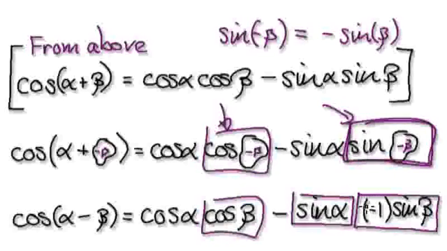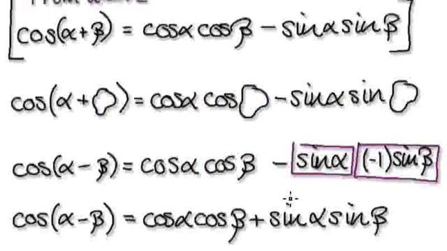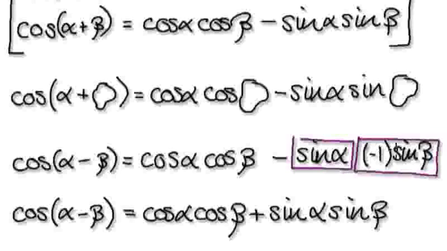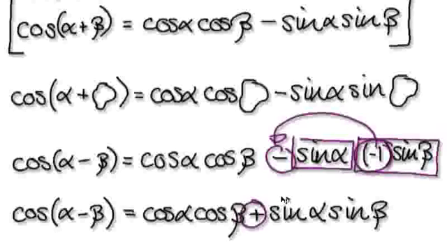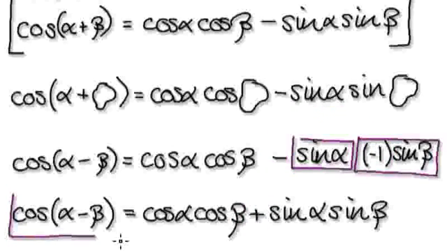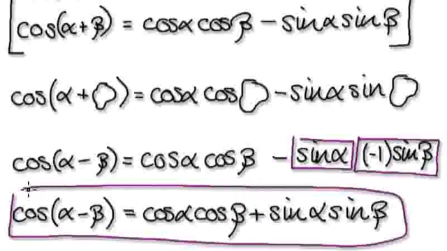So visualize this as a minus 1 here times this bit here. Now get the minus 1 and move it outside here. So minus 1 here times a minus here will give you a positive. Okay, so now we've done the other one.